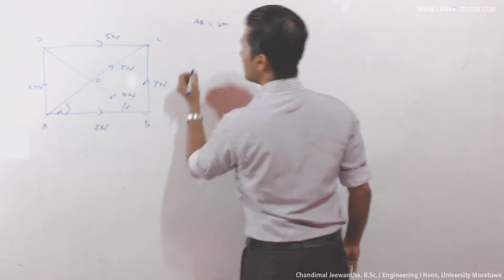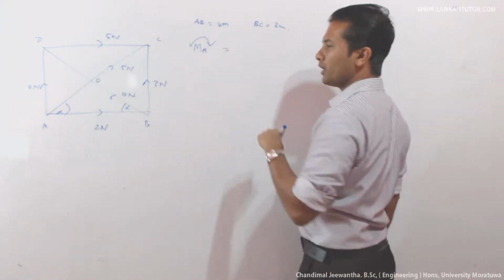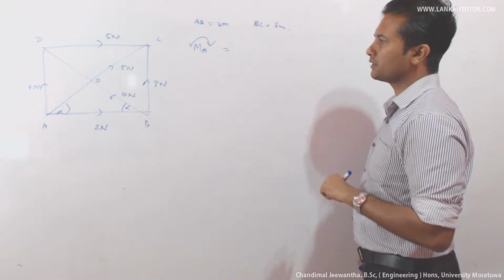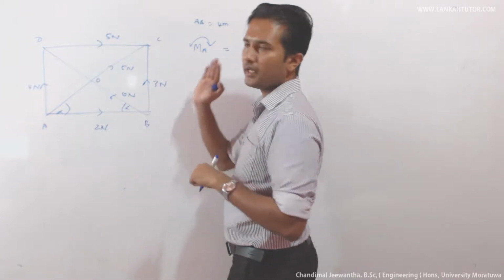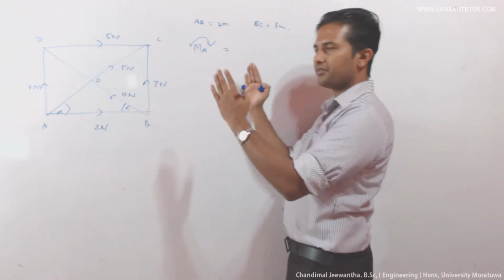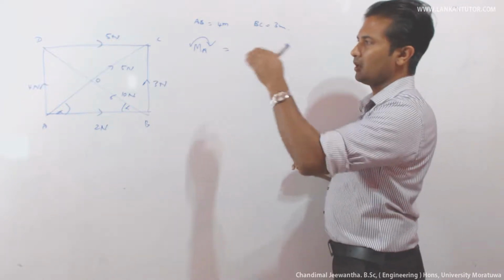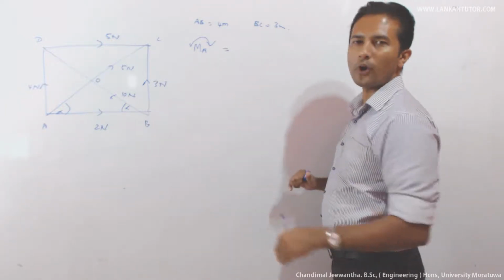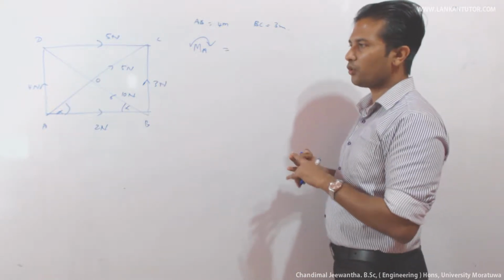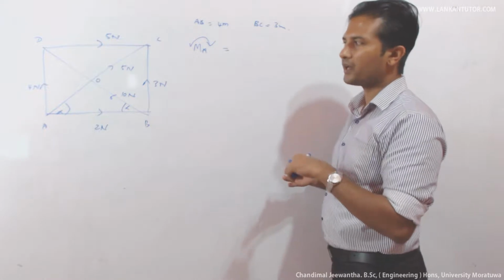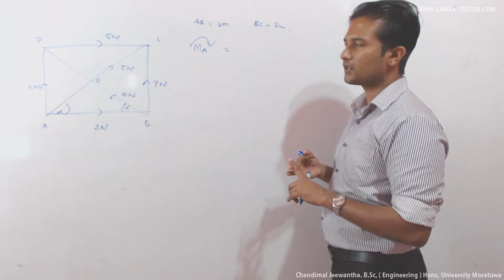Now we can find the moment around A towards the clockwise direction. In order to find the moment given by these forces, first of all you have to identify the forces which go through point A. So there are three forces that go through point A, such as 4 newtons, 5 newtons and 2 newtons.